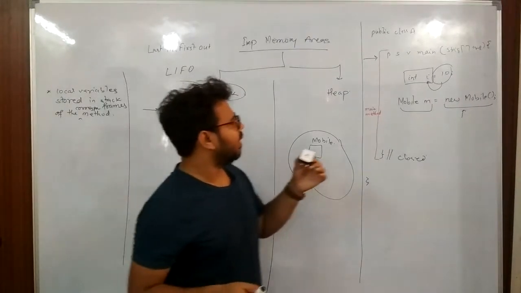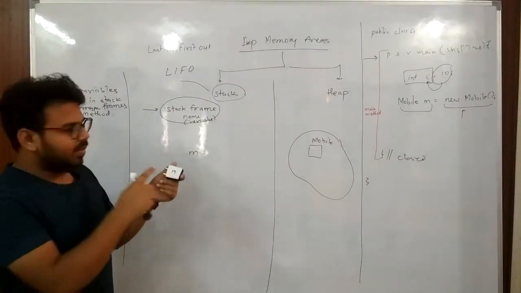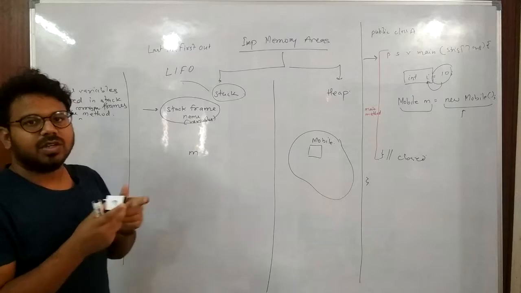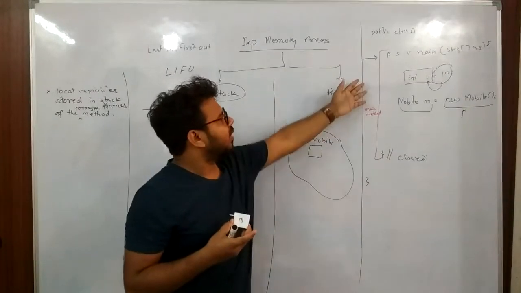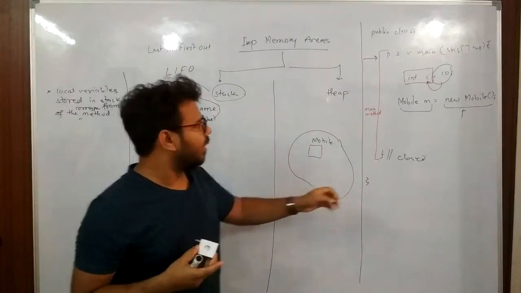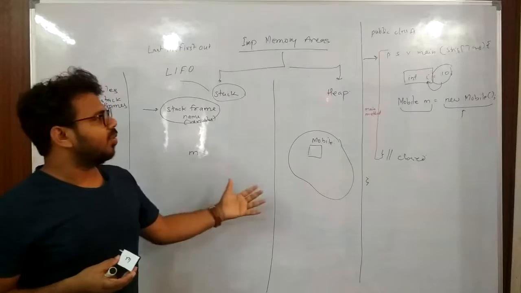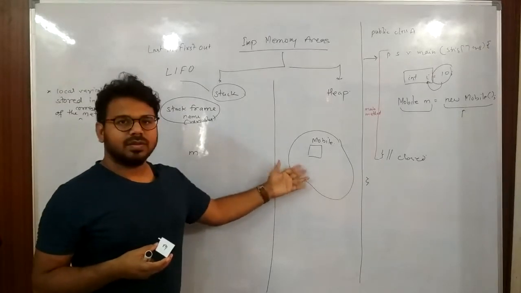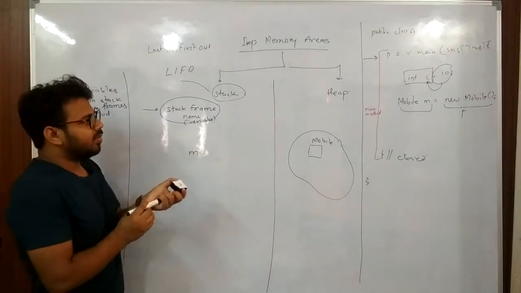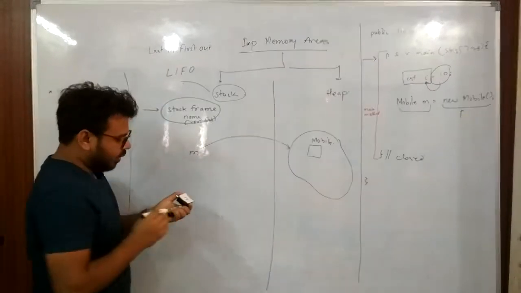Now at this line, Mobile m, our reference variable is always created in the stack frame of the corresponding method. In this case the method name is main, and this equals operator is simply to assign this object to the reference variable. So this reference variable now points to this.